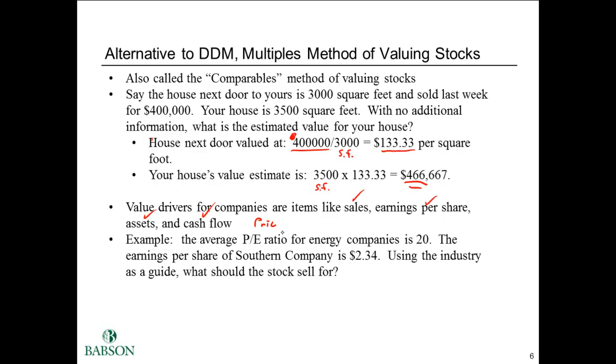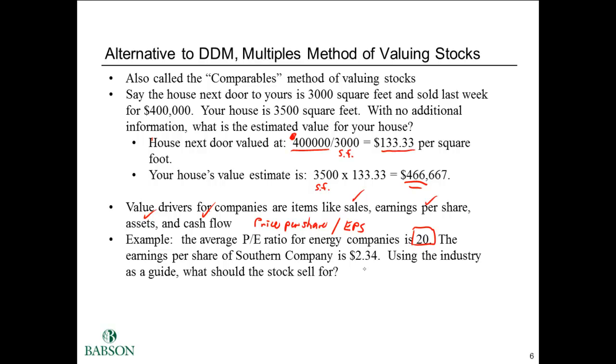Price per share divided by earnings per share. So it gives you an estimate for what somebody would pay for every dollar's worth of earnings. For energy companies, the average is about 20. So investors are willing to pay 20 times earnings to buy a share for, I don't know, Allegheny Power or Duke Energy or just an average company for the industry.